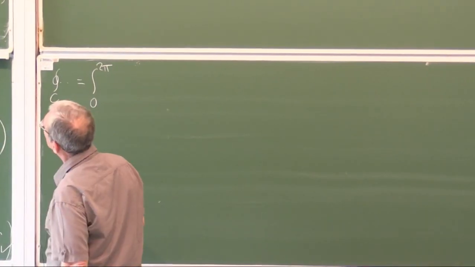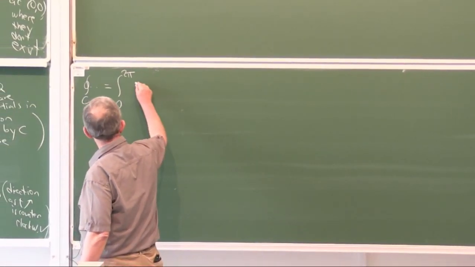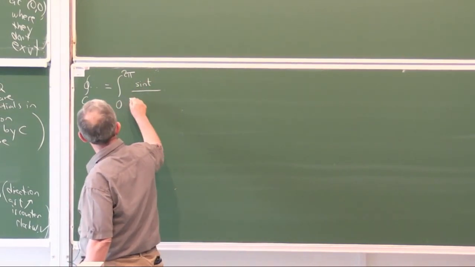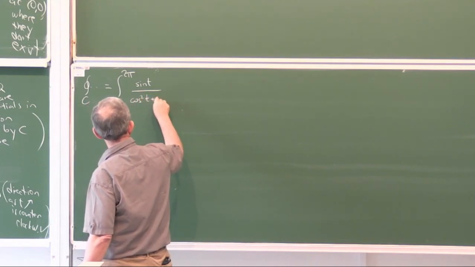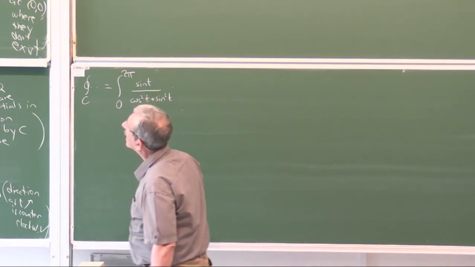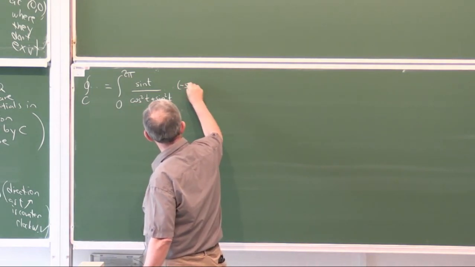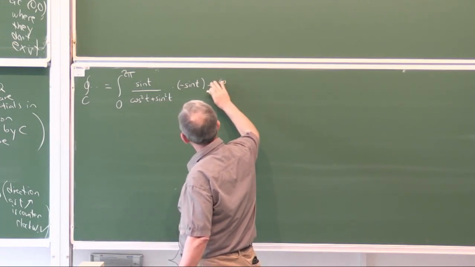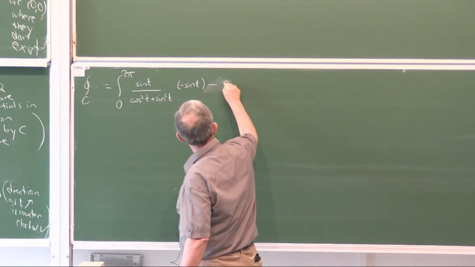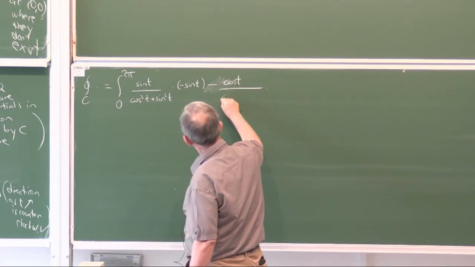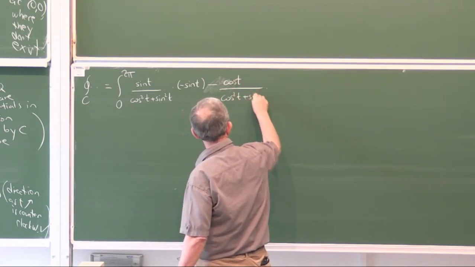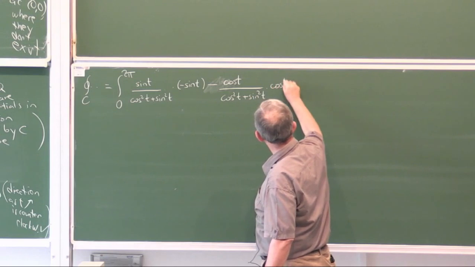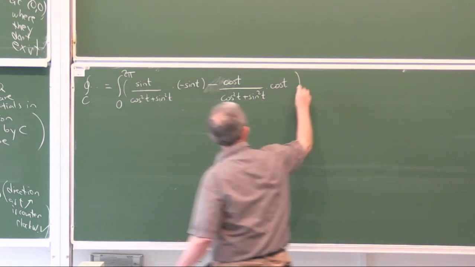And we have y, that is sine t, divided by cosine squared t plus sine squared t, and dx, which would be minus sine t, plus, actually, minus cosine t divided by cosine squared t plus sine squared t, and dy, which would be cosine t again, and we have dt.